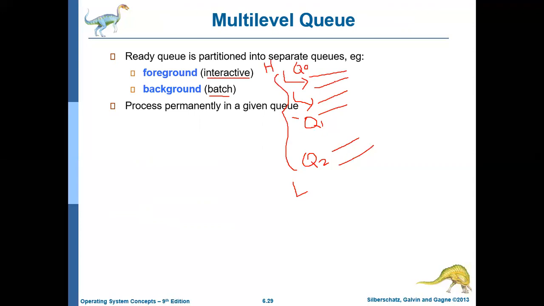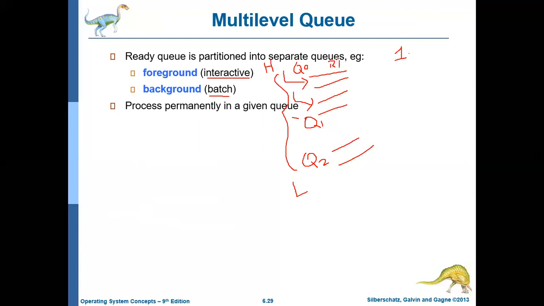So how will the jobs from different queues be allocated to the CPU? How will the operating system do that? There are different ways of doing that. The first method is that the jobs in Q1 will be executed only if Q0 is empty. That is, Q0 will be given the highest priority. So first the operating system will finish off all the jobs in Q0 by following the round robin scheduling algorithm.